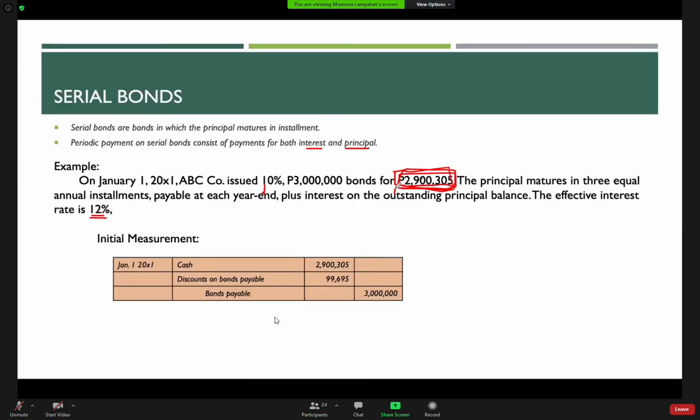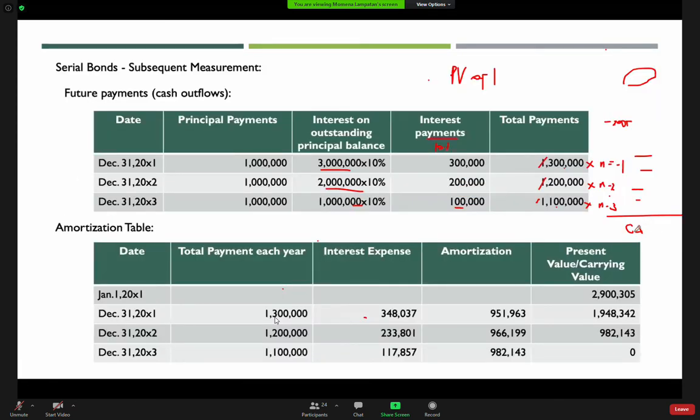Kung hindi ito binigay, ito siya. Okay? That's how you're going to determine the carrying amount of the bonds on initial measurement. Okay? So, I hope naiintindihan niyo yun. Kung wala kayong tanong, punta na tayo dito sa amortization.